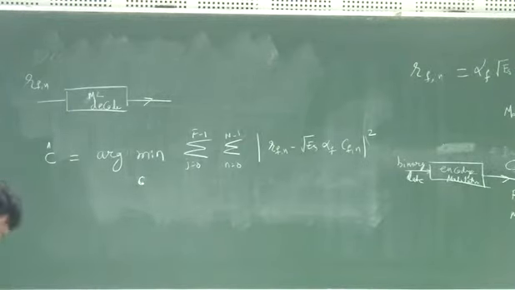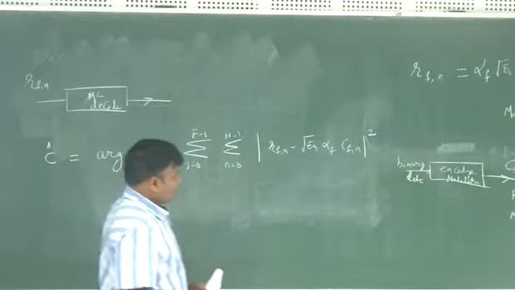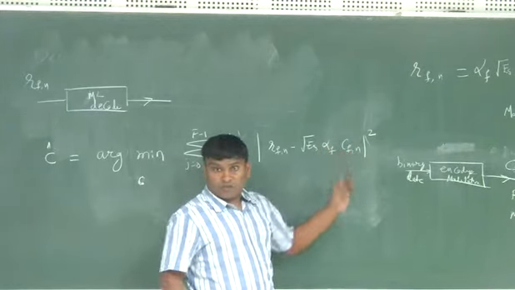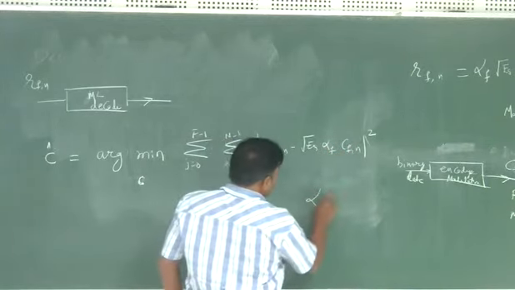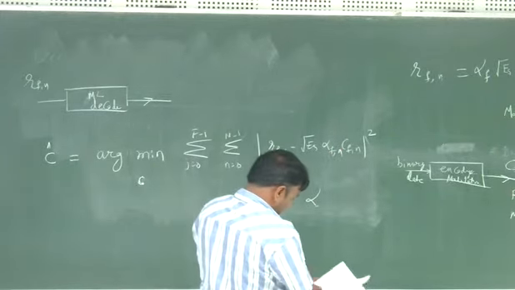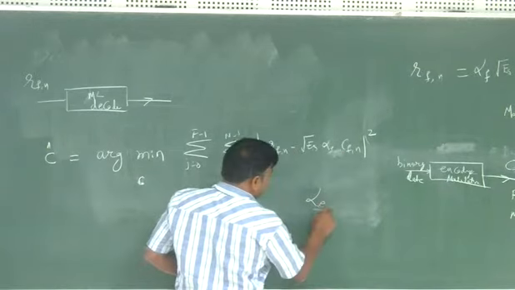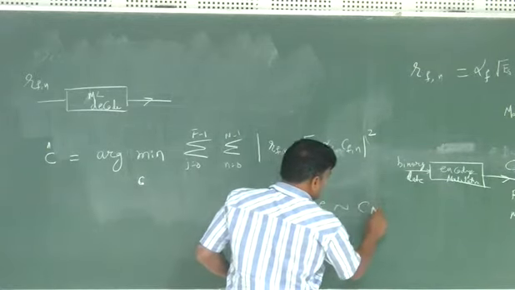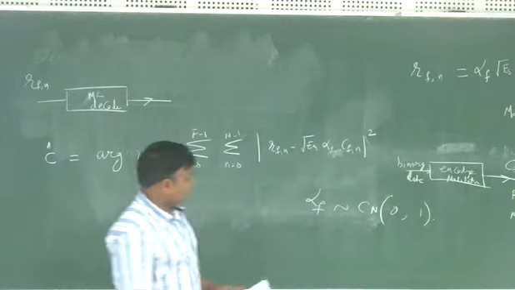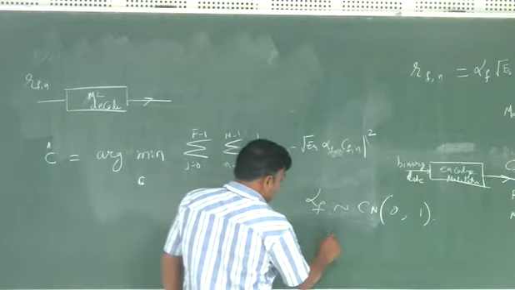This is the metric for decoding. And the alphas, as usual, we'll assume complex normal. Alpha_fn is there; it's not a function of n, so alpha_f. The alpha_f are distributed as complex normal, zero mean, variance unity, and they are IID over f.